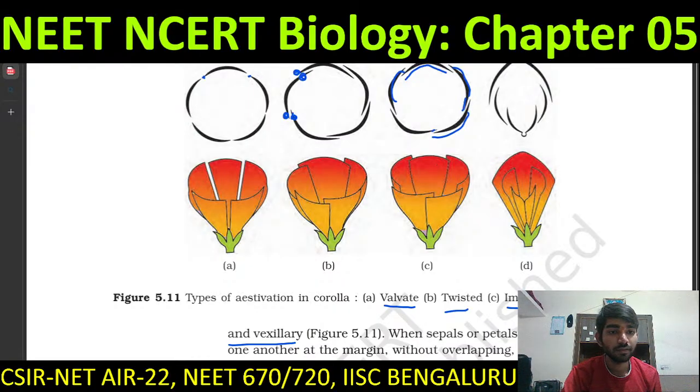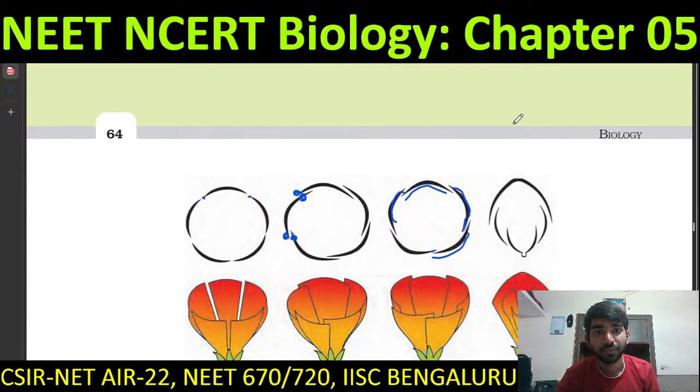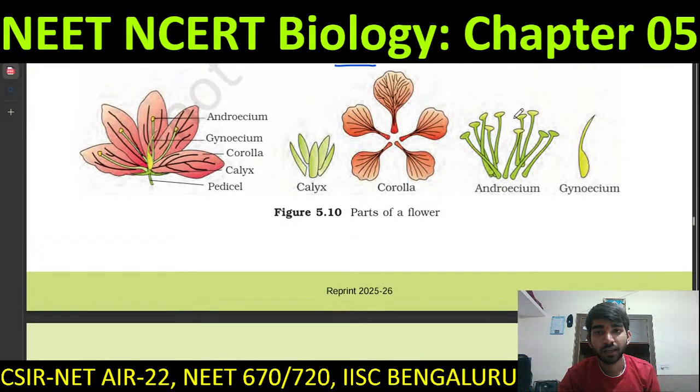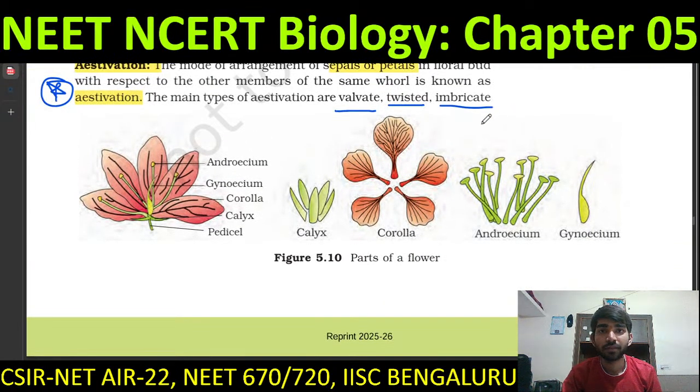And vexillary is one of the unique ones where you see this keel, carina, and this bigger petal-like structure. So there are one, two, three, four, five petals, and this one is fused. We'll talk about this later because this is important in the pea family. You might have heard of the pea flowers which Mendel used for genetic experiments, or maybe we'll discuss that later.